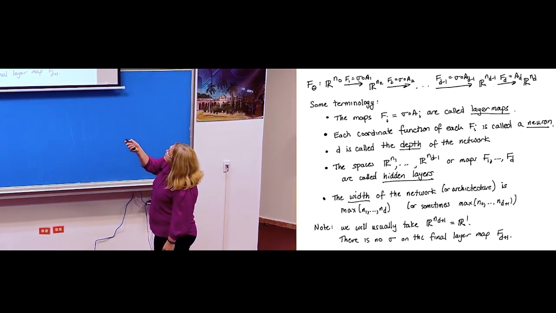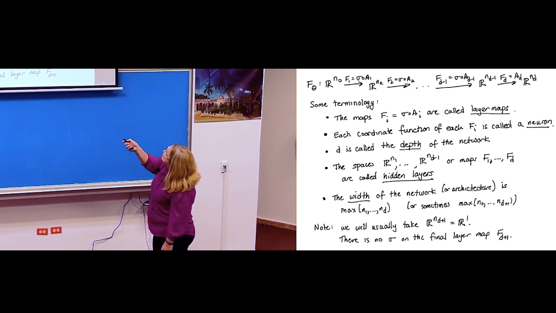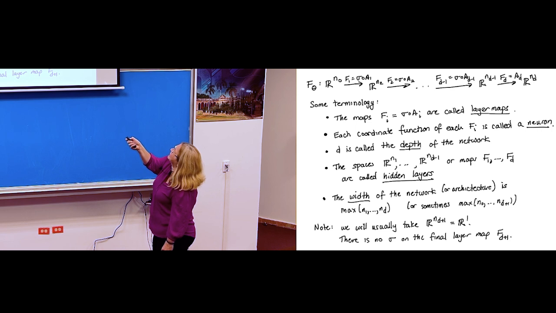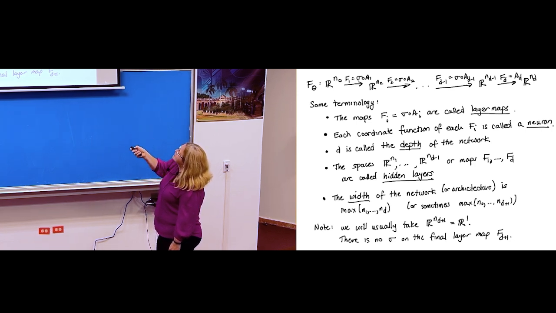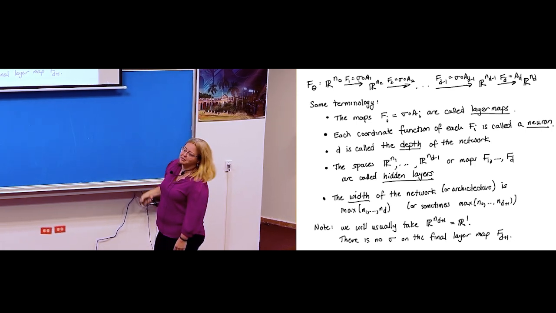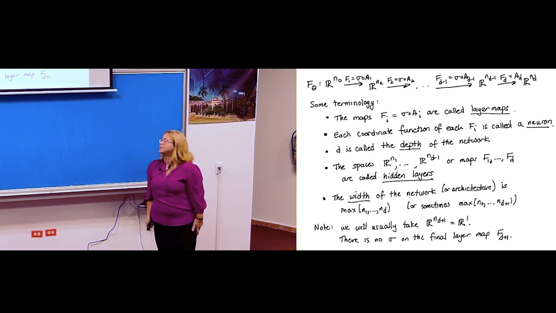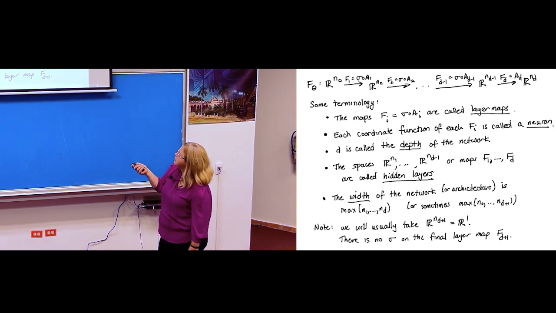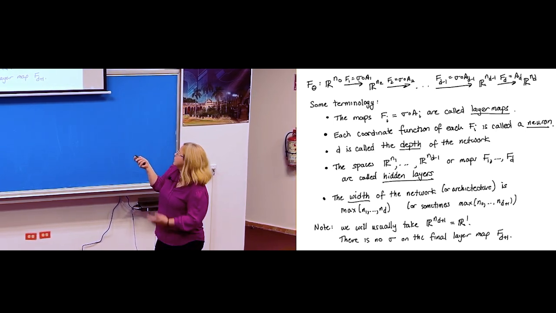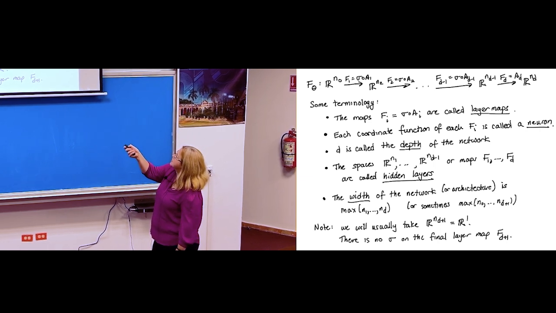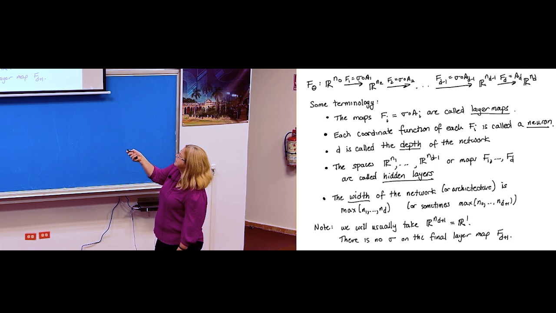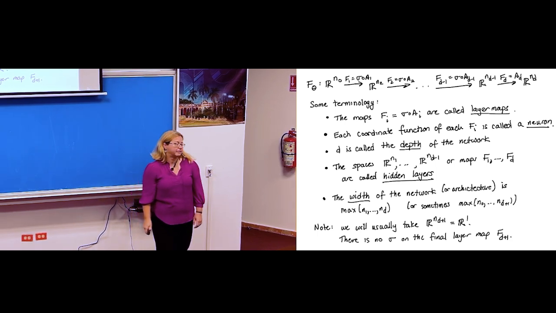These intermediate spaces, like R^n2, or R^n1, up to R^n(d-1), are called hidden layers because you don't actually see them in either the input or the output. The width of the network or of the architecture describes these numbers, the n's that are the dimensions of the intermediate spaces.